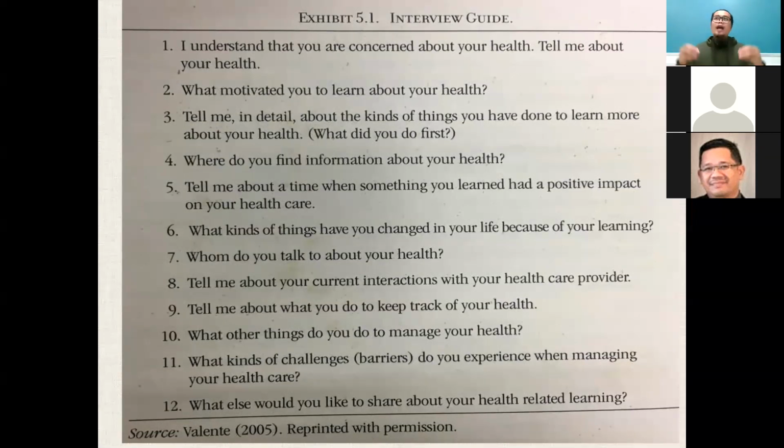Okay, why do we need SEM? It is like this. Previously, a lot of research in Malaysia and overseas already measured or determined the relationship or effects between IV and DV.